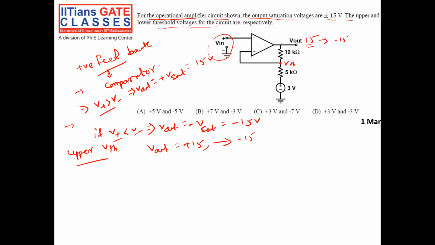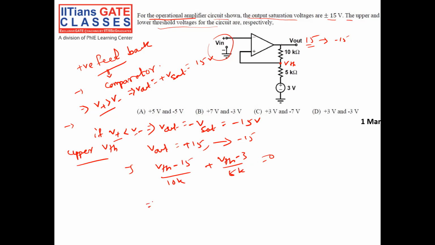So if my output is 15 volt, what is the VTH now? Let us put a nodal equation at this point. (VTH minus V out, which is 15) by 10K plus (VTH minus 3) divided by 5K is equal to 0.